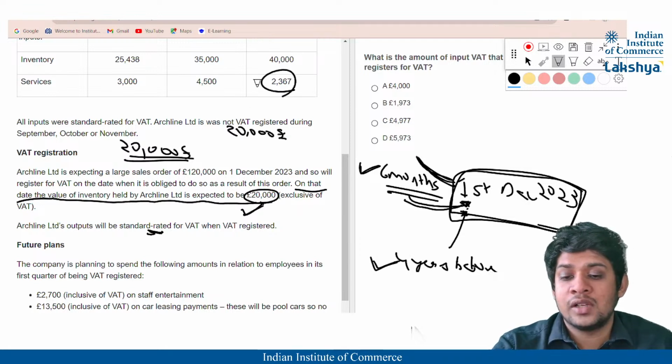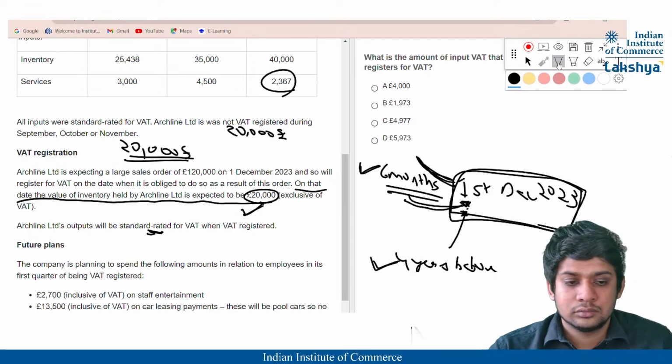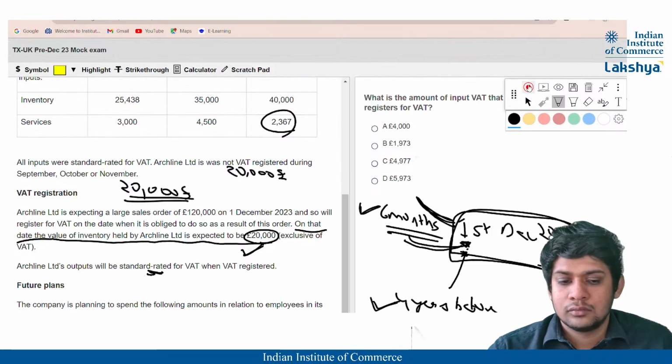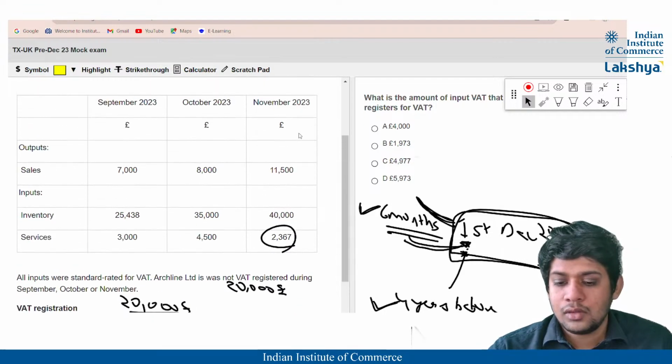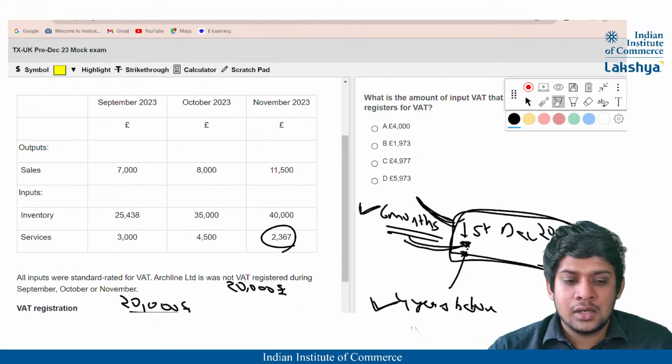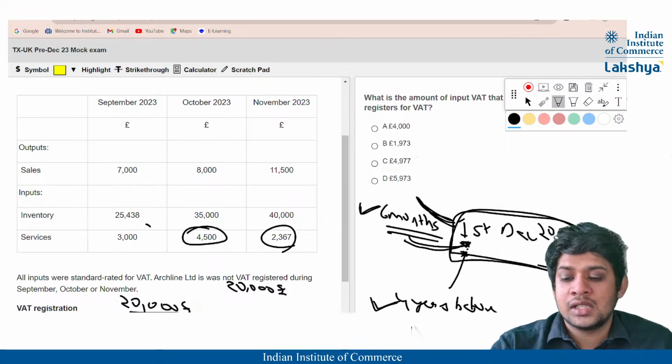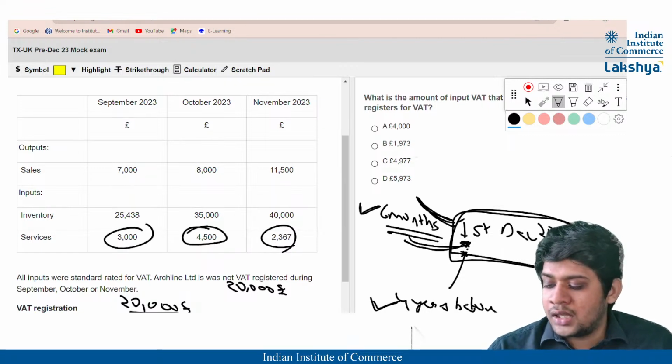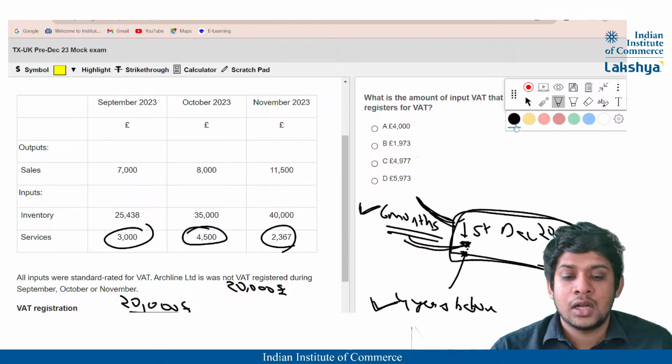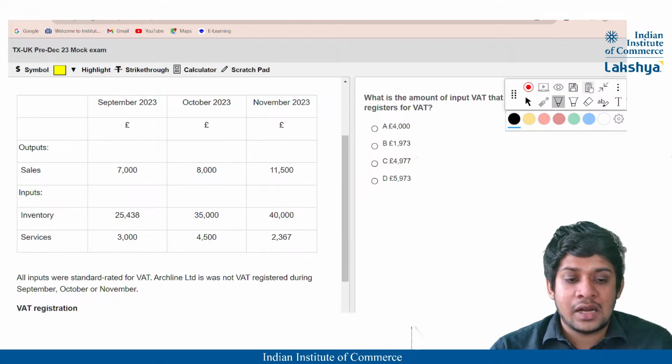Then there is services. All three services will be included because they are within the 6 months period. So it will be 3,000 plus 4,500 plus 2,367. That is 9,867. Correct? 9,867 is the value.